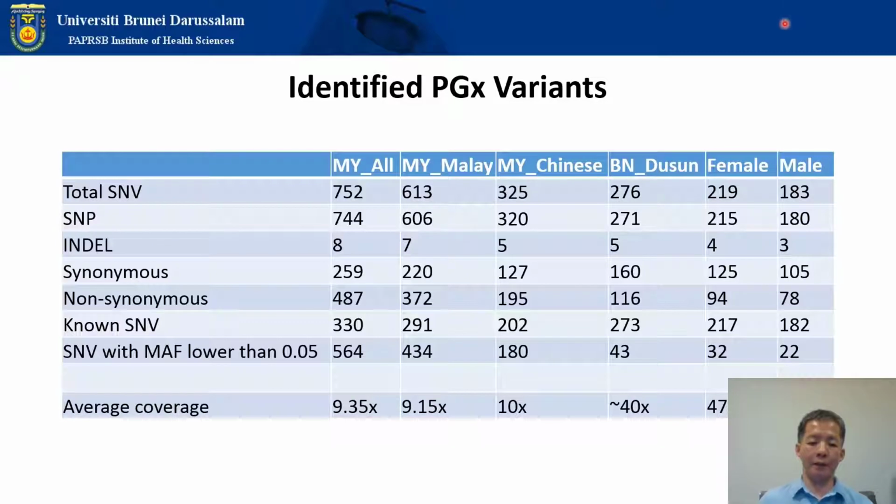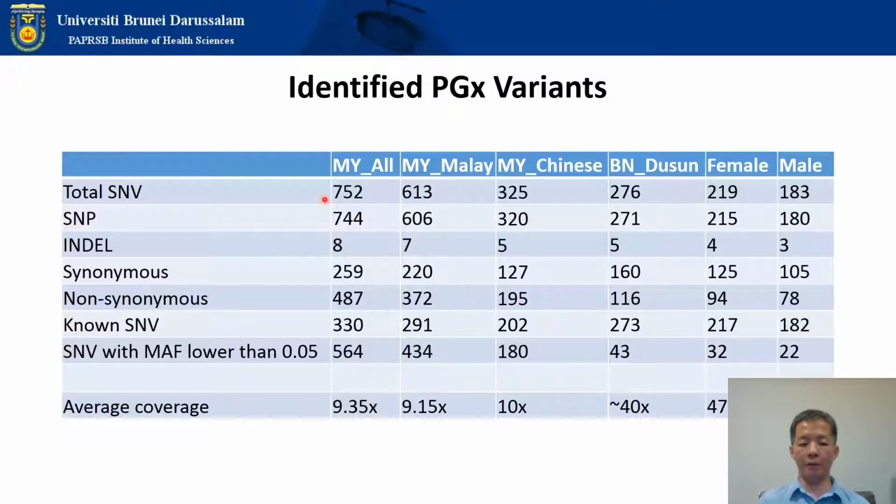Okay, so next we look at all the variants that we have called from GATK. As you can see, the total number of variants that we found in the Malaysian data is 752, compared to 276 in our two Malays in Brunei.